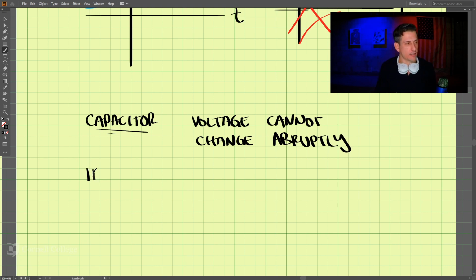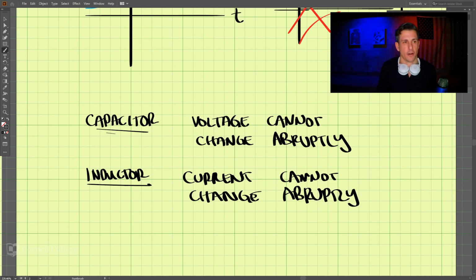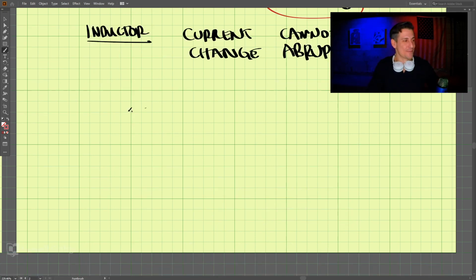And for an inductor, the current cannot change abruptly. This term, abruptly, means fast or quick. So it cannot change abruptly. It must be continuous.